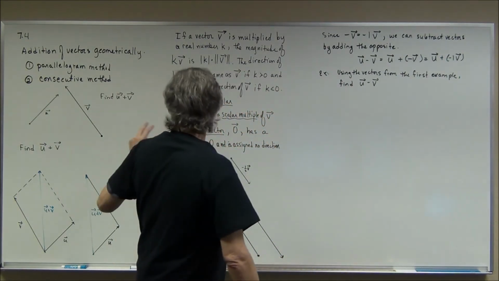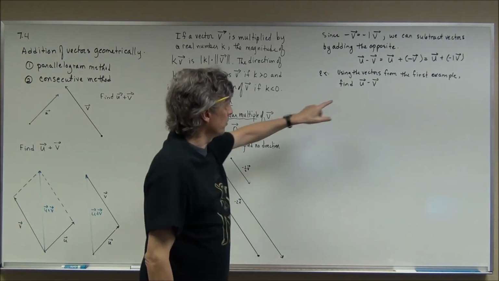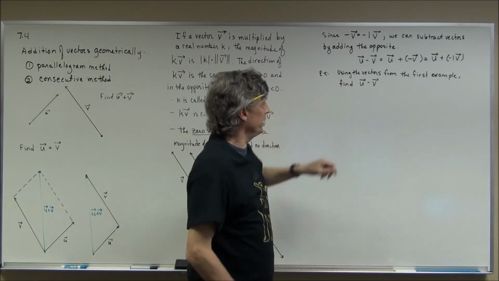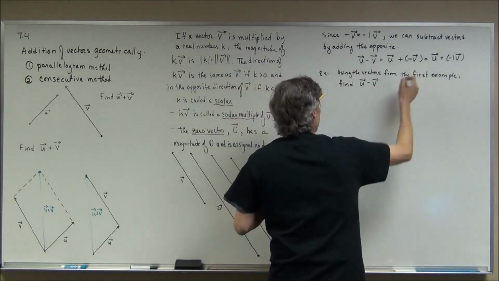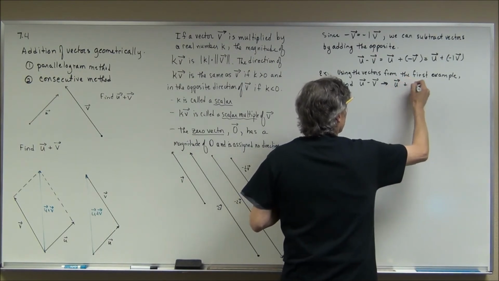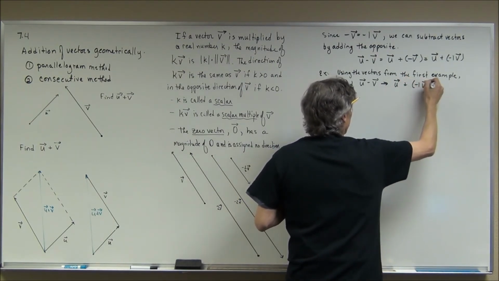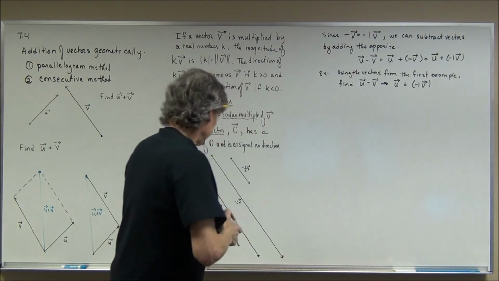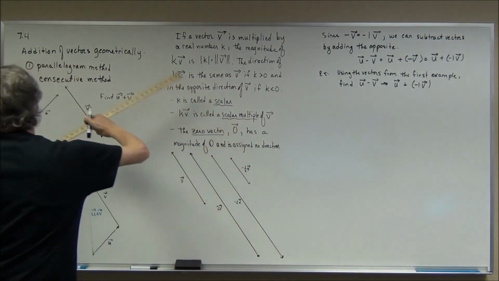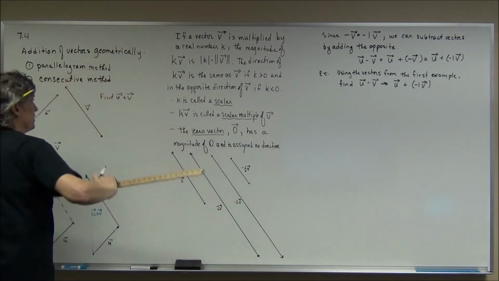So I'm going to use these two again, and I'm going to subtract here using vector u minus vector v. Now again, based on this, this tells me that this is vector u plus -1 times vector v. So first is vector u, which I think I measured was 8. Yeah, it was 8 inches.